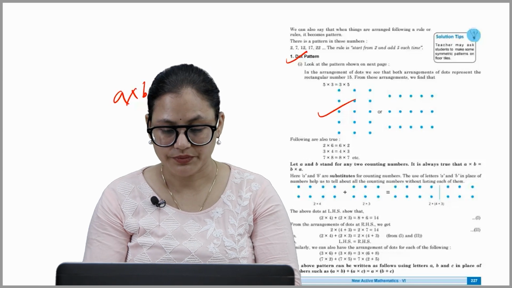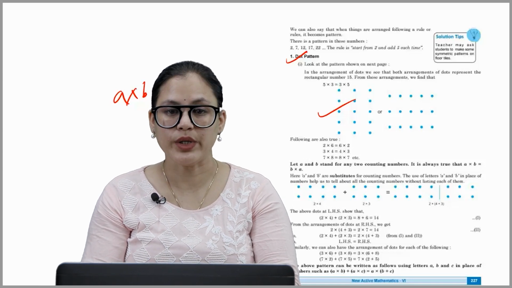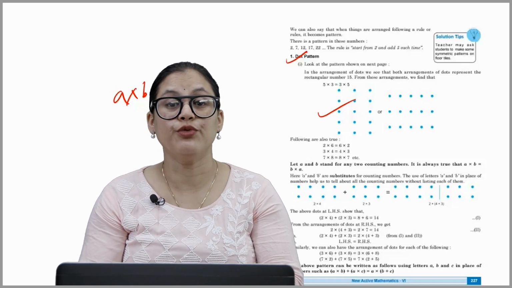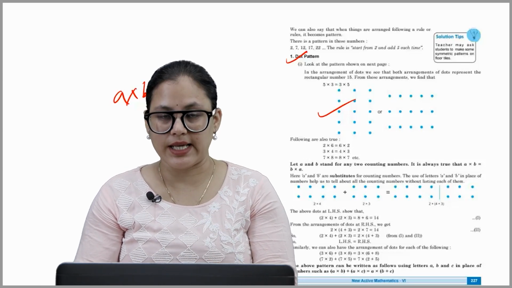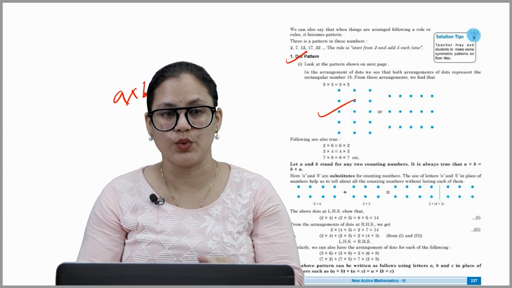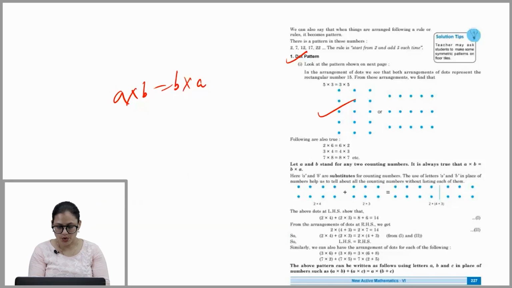See, 2 into 4 plus 2 into 3 is equal to 2 into (4 plus 3). The dots at the LHS, that is the left hand side, show 2 into 4 plus 2 into 3. This is plus.